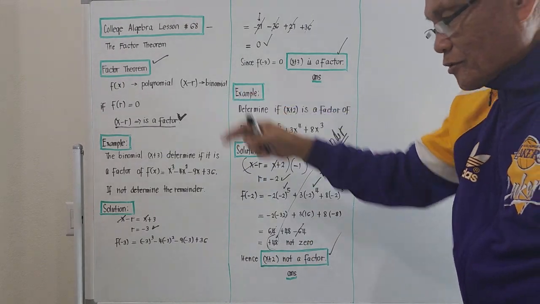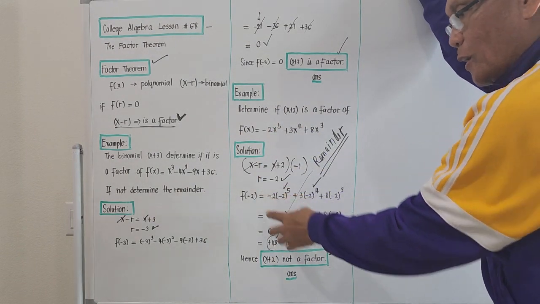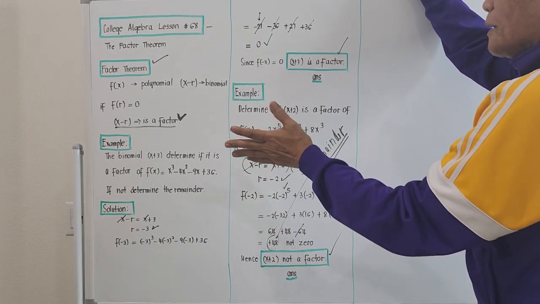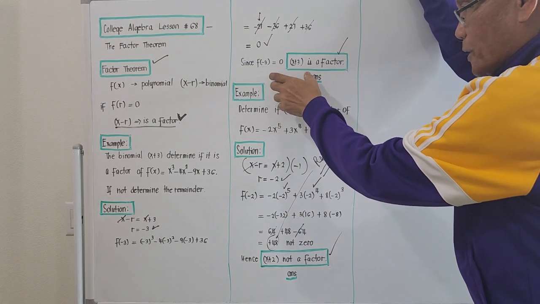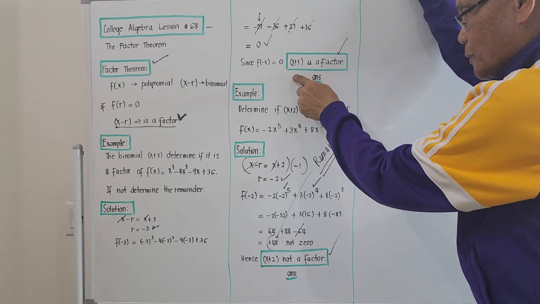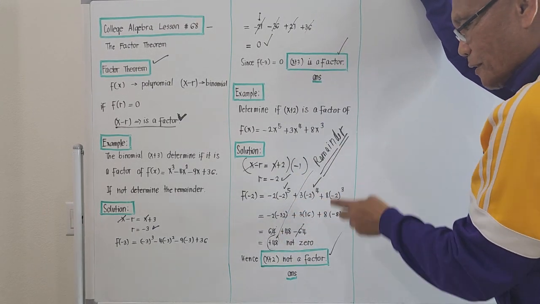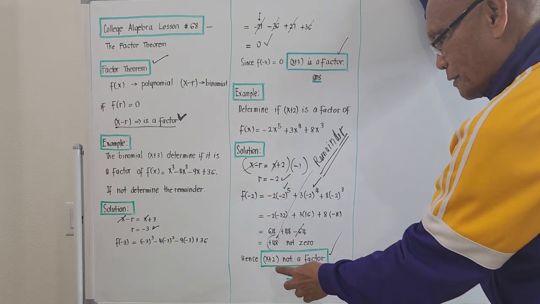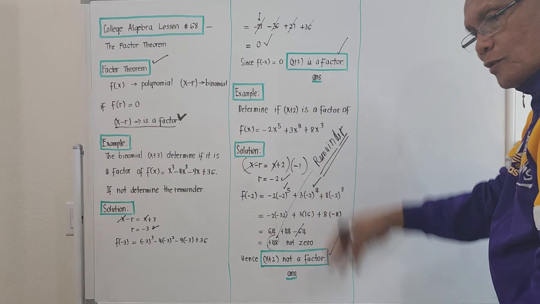But under the factor theorem, if we substitute the value and what comes out, like in the first example, is 0, we can conclude that the given binomial x plus 3 is a factor. On the second one, since there is a remainder, we can conclude that the binomial x plus 2 is not a factor. As simple as that one.